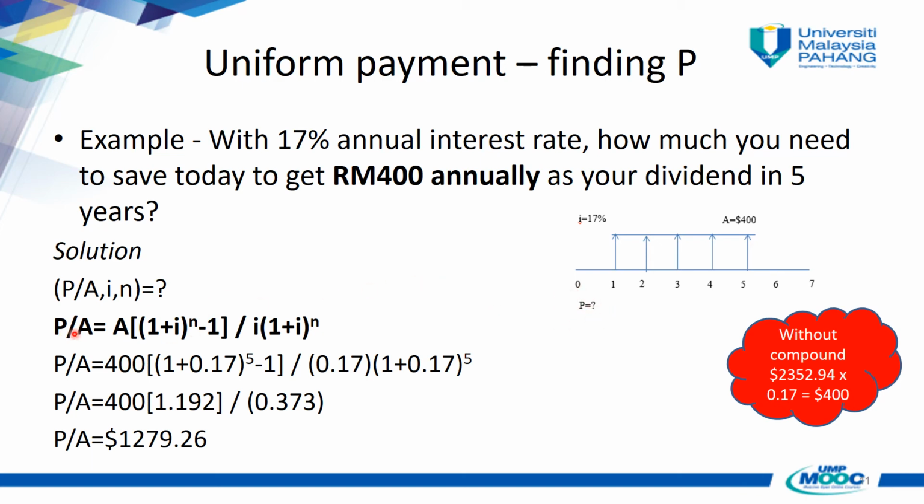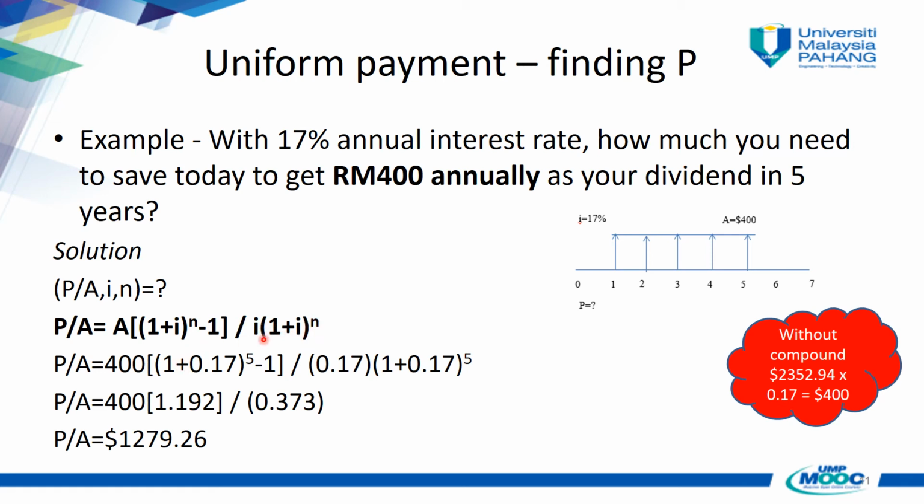when we know the A, which is 400 here, the amount we are paid. P is equivalent to A multiplied by 1 plus i to the power of n, minus 1, divided by i multiplied by 1 plus i to the power of n.